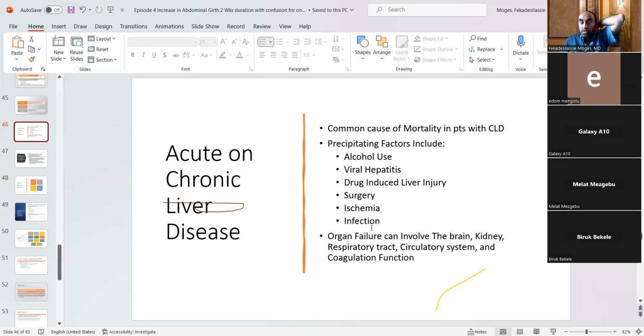Infection, a good example of infection is spontaneous bacterial peritonitis, okay? Leads to decompensation. Organ failure can involve the brain, the kidney, respiratory tract, circulatory system, and coagulation function, okay? At least our patient has the brain affected, the kidney affected, and the respiratory tract affected in our patient.